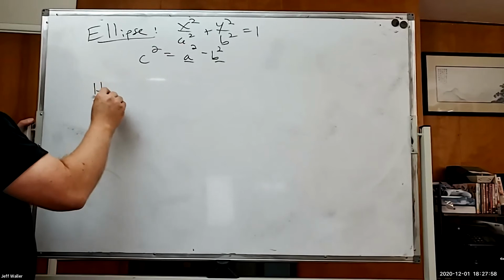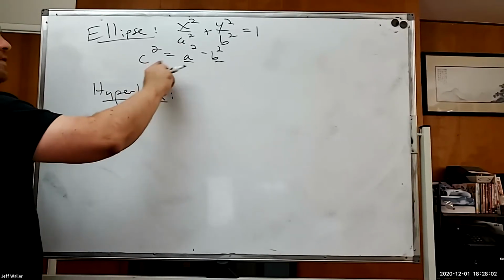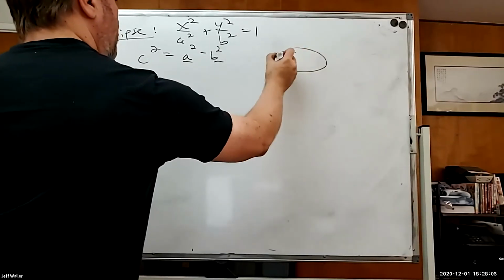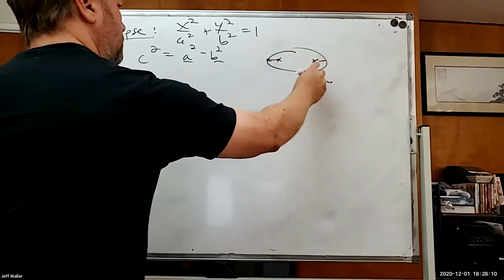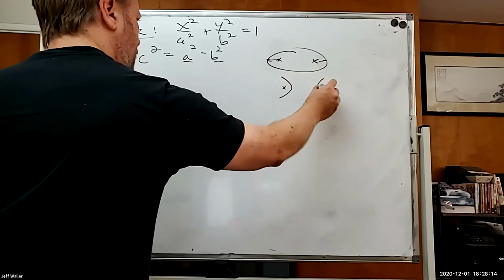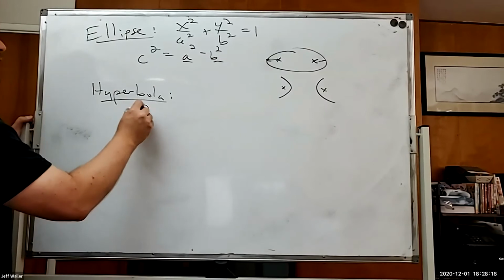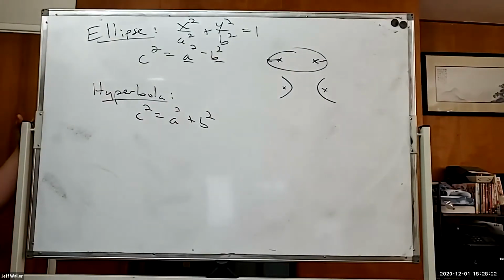The neat thing about a hyperbola, and this should make some sense, is that its foci need to be outside. For the ellipse, the foci had to be less than that. For a hyperbola, the foci will be out here, so it's going to be more. So this equation is actually going to look like the Pythagorean theorem.